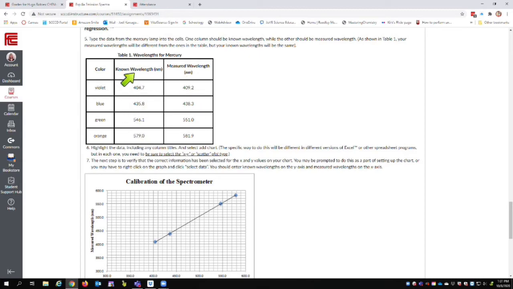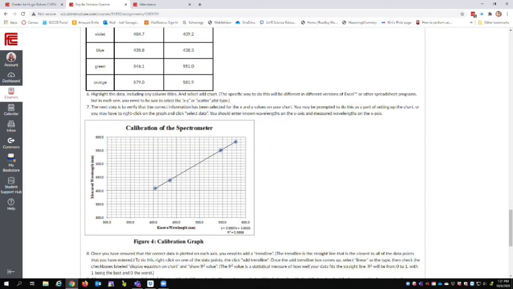So the known wavelength is on the x-axis, and the measured wavelength is going to be on the y-axis. And what will happen is we'll get hopefully a line. It's maybe not going to be as beautiful as that, but it's going to be a line. The slope will be close to 1.